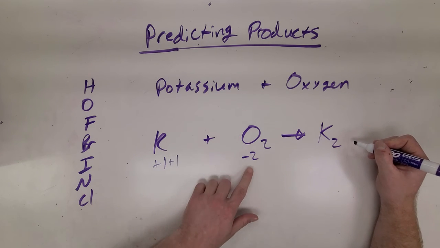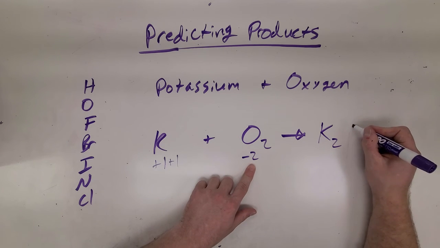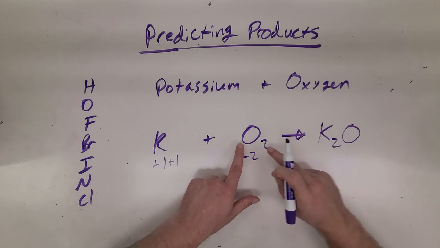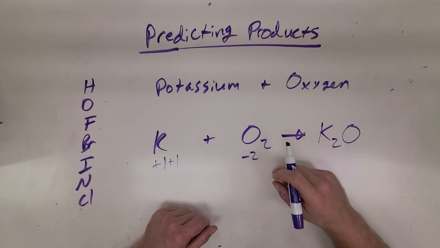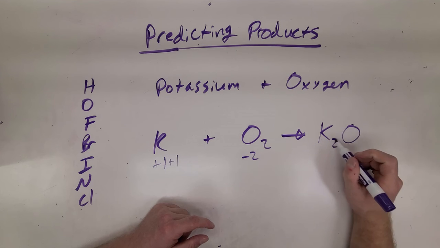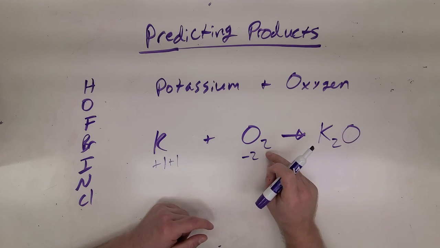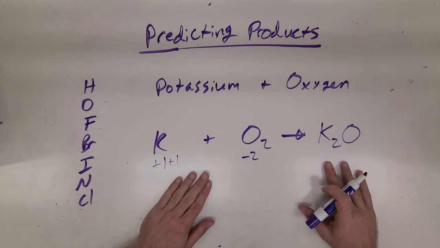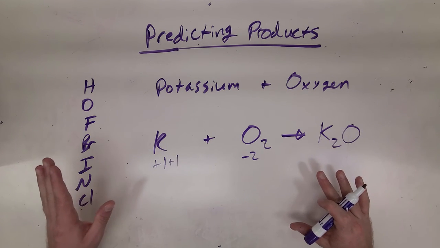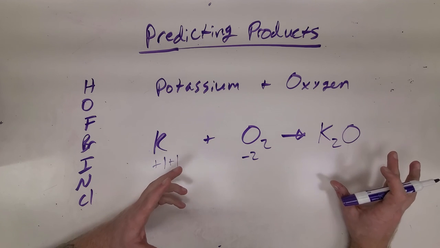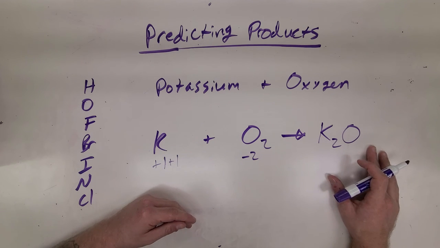And then oxygen, we only have 1 here, so we just write O. That means it takes 1 oxygen atom to react with 2 potassium atoms. And remember, we only have 1 oxygen, and we have 2 potassiums over here, but there's 2 oxygens and only 1 potassium over here. We fix that later by balancing the chemical equations, and we'll show how to do that in another video.